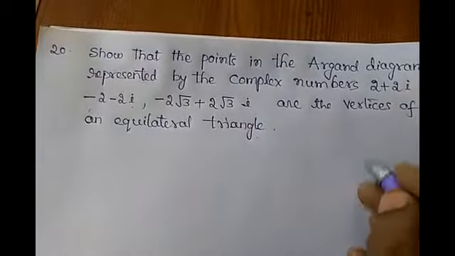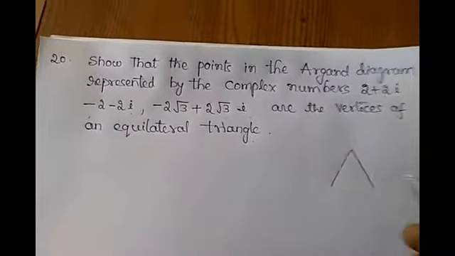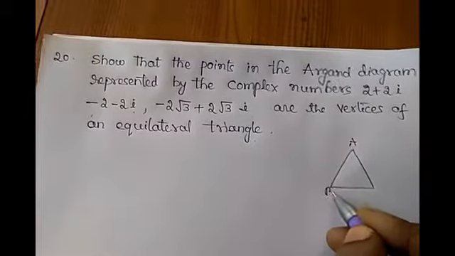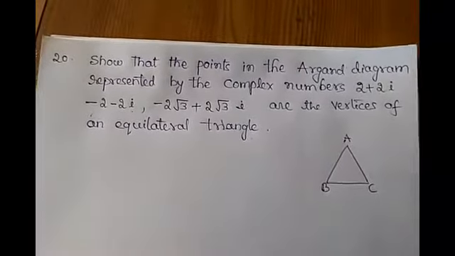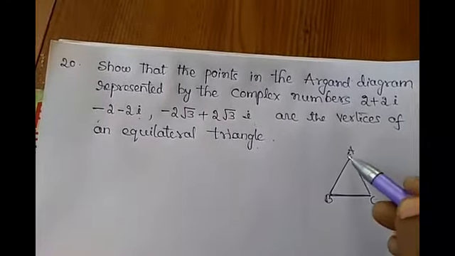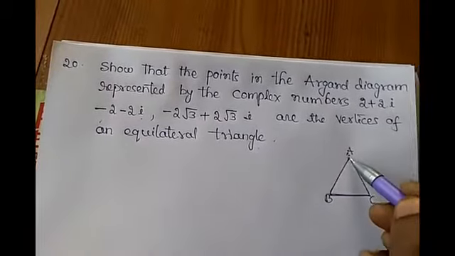What is an equilateral triangle? An equilateral triangle means all sides are equal. That means we have to find the sides of the equilateral triangle. How to find the sides?